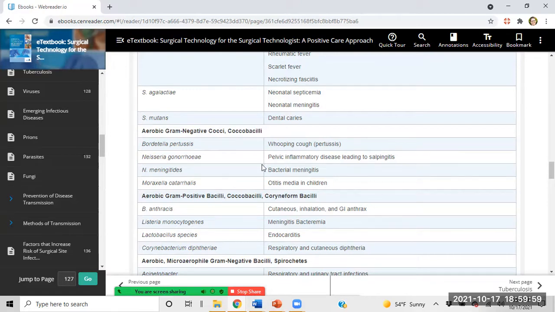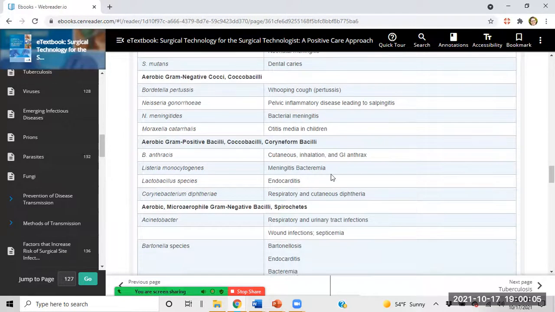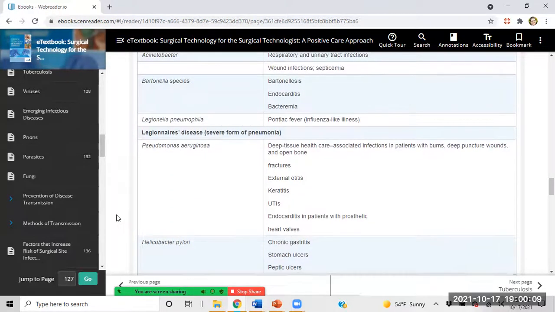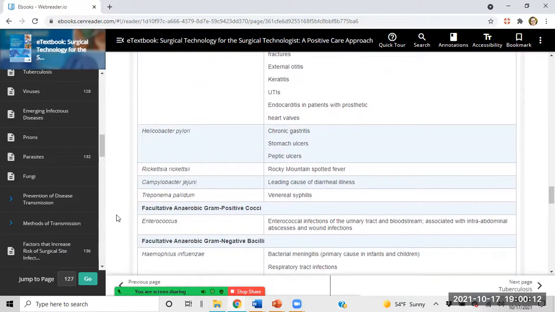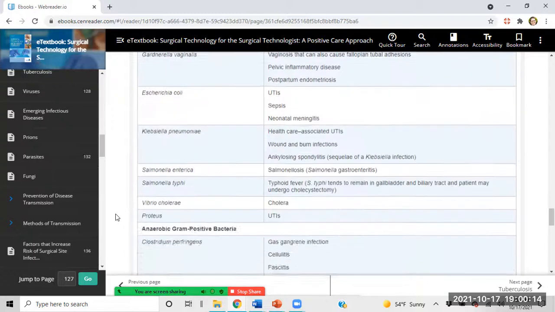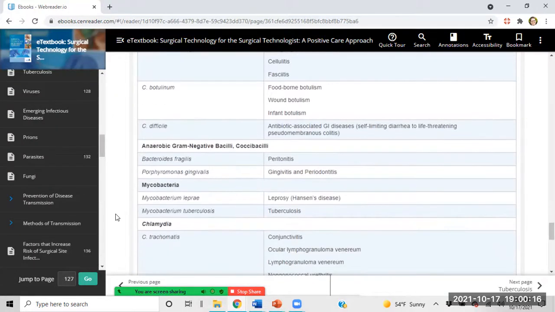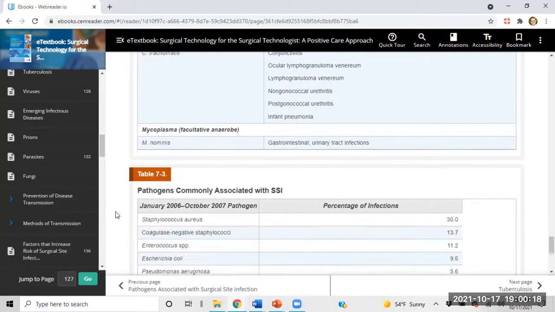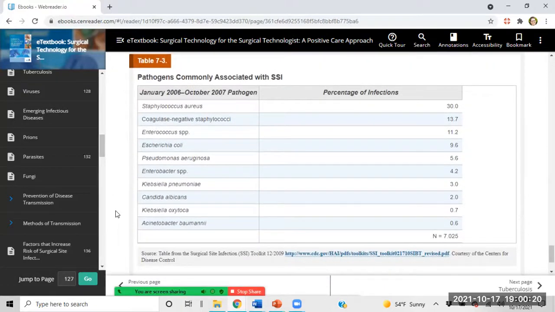So including PID, that is not childhood. And then aerobic gram-positive, here's some examples of those, and so on and so forth. So I think we've covered the major ones that will be in your wheelhouse. But here are some of those that are most commonly associated with the SSI.